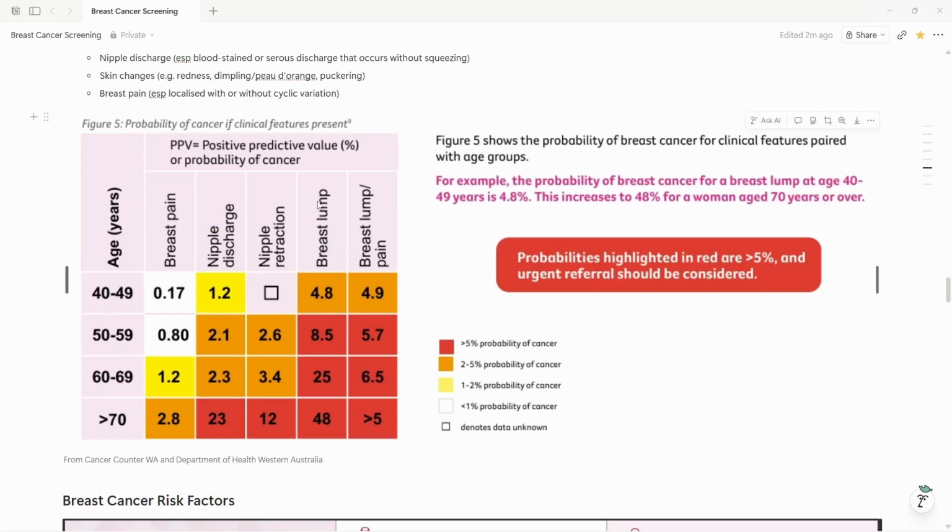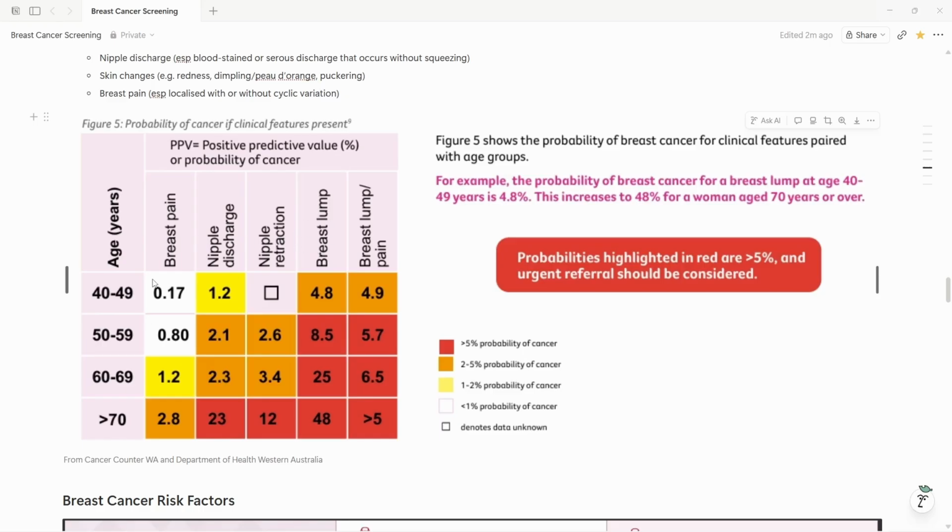This here is an infographic from the Cancer Council of Western Australia, and it shows the probability of breast cancer based on the clinical features that the patient may have, according to their age, to determine the likelihood that these symptoms could predict breast cancer. The symptoms are breast pain, nipple discharge, nipple retraction, and breast lump.